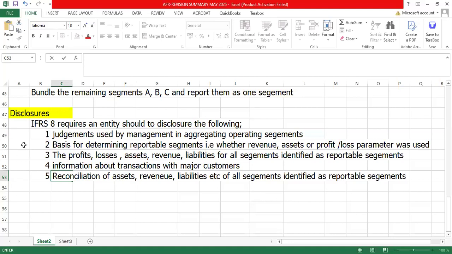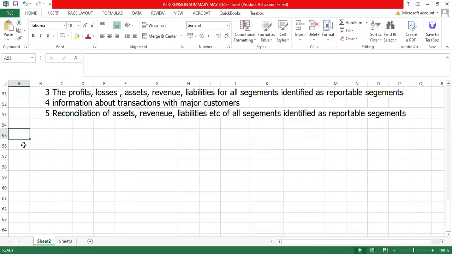Now, another thing they can ask you here is the conditions of aggregating. This is not part of the question, but it can be asked. Conditions of aggregating operating segments.